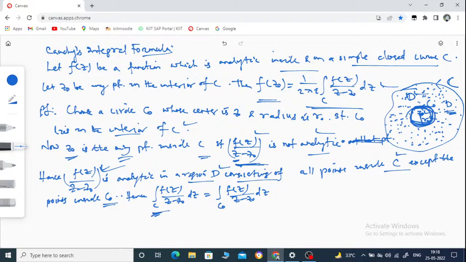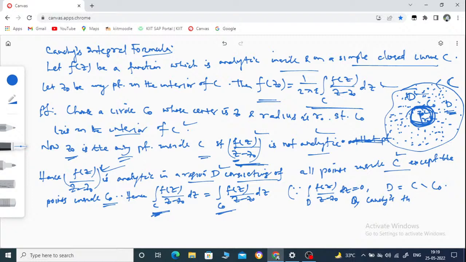Since the integration over D of f of z divided by z minus z naught dz is 0, where D means C minus C naught, by applying Cauchy's theorem.